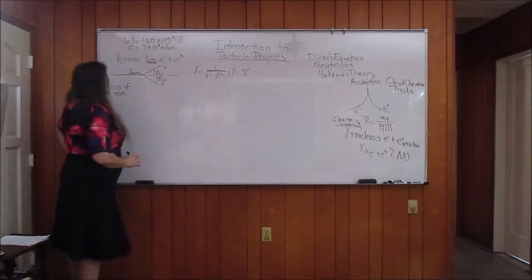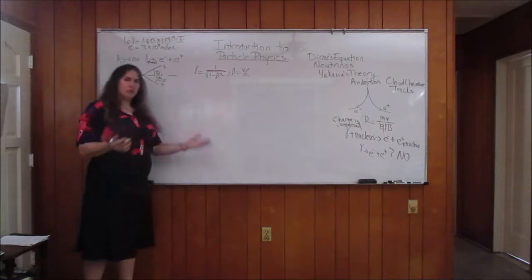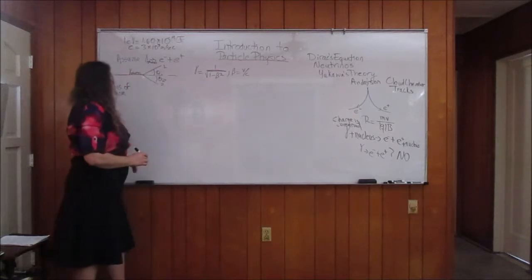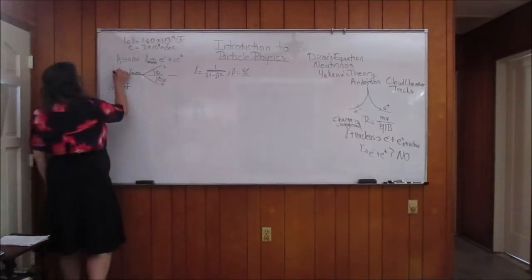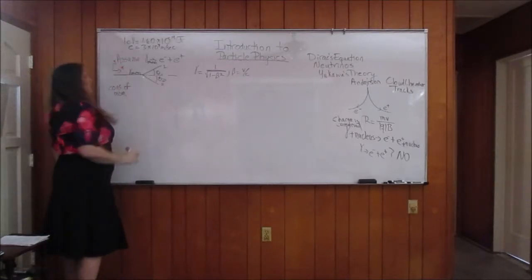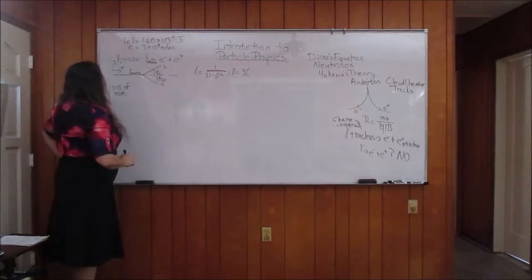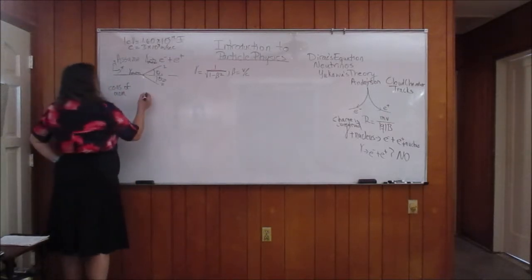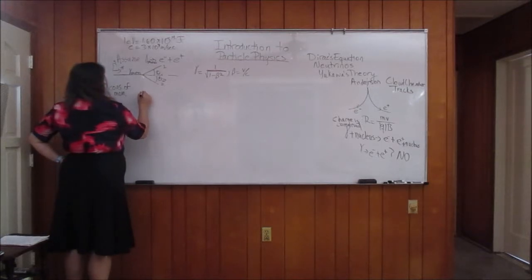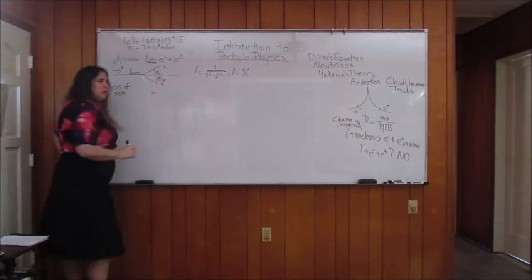Okay, so what does conservation of momentum look like? Well, momentum, of course, is a vector. So we want to resolve this into the x and y components and orient this such that positive y is up and positive x is to the right. Now, what is the momentum of a photon equal to?